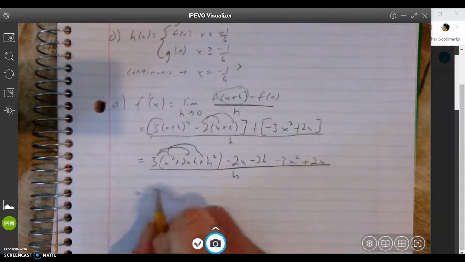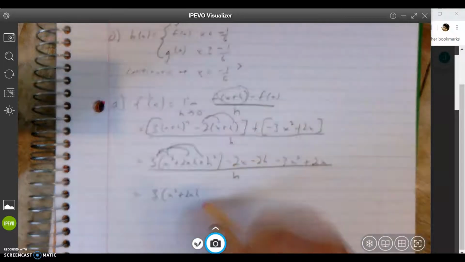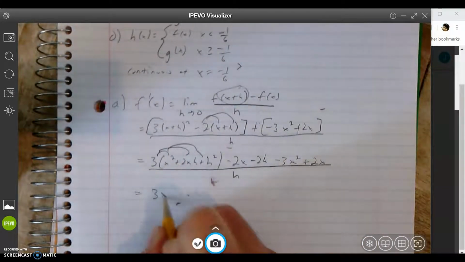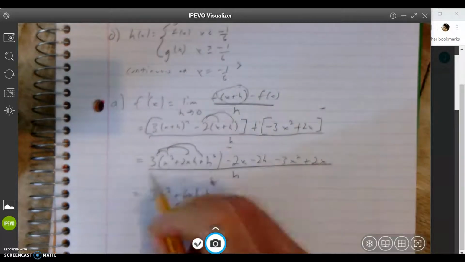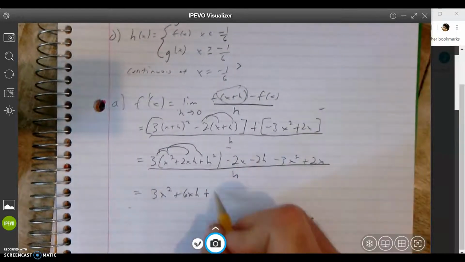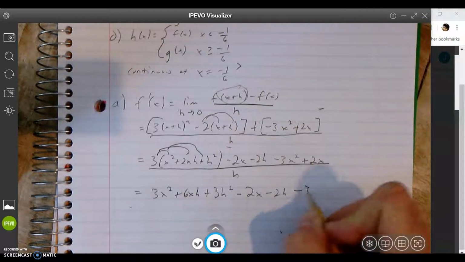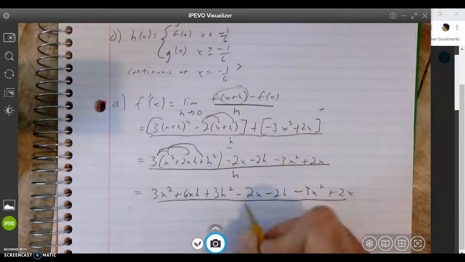Distribute this 3. 3x squared plus 6xh plus 3h squared. My bad, I said distribute, I wasn't even distributing. Just copy the rest. Minus 2x minus 2h minus 3x squared plus 2x all over h.